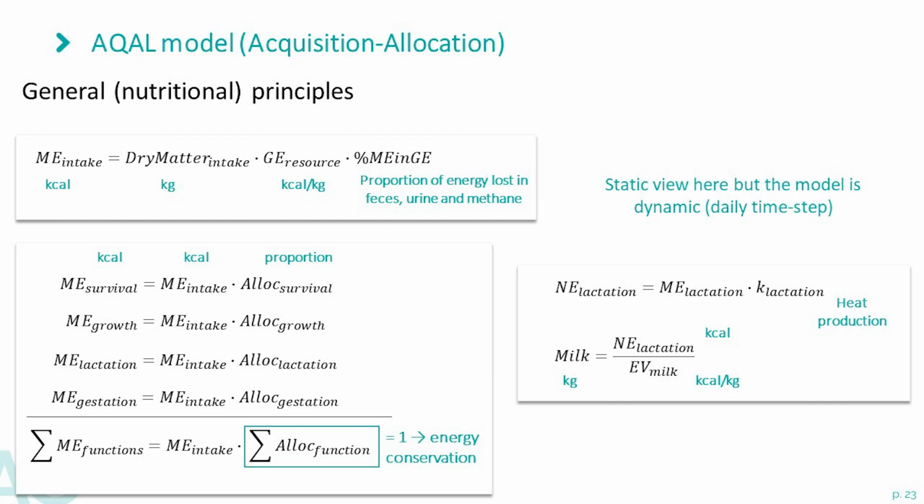The whole point is that nutritionists worked on that, so all the coefficients are somewhere in the literature or in feeding systems, a bit the same for digestibility and all the stuff. But what we had to manage is much more this part on allocation.